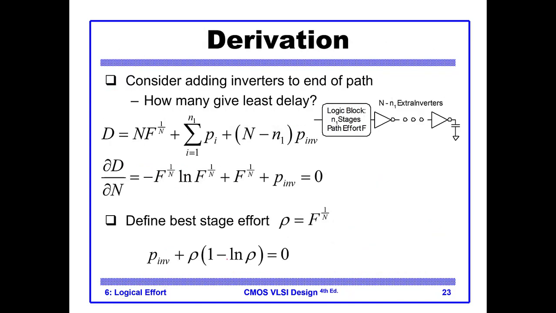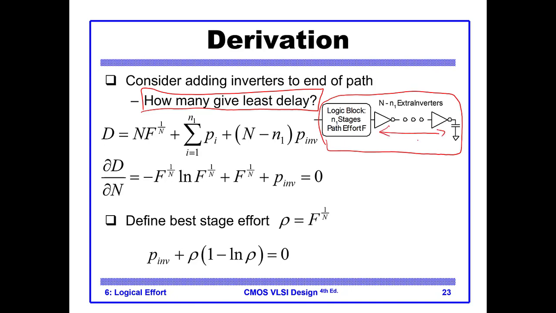Here we have some derivation which I will not go into. So without going into the details, consider the same scenario: how many inverters, so these are our extra inverters, how many of them would give the least delay?